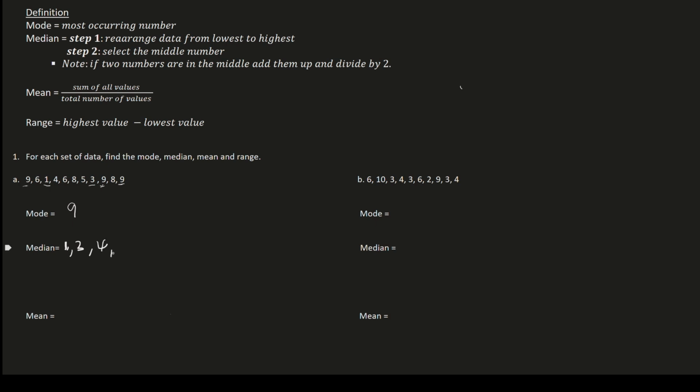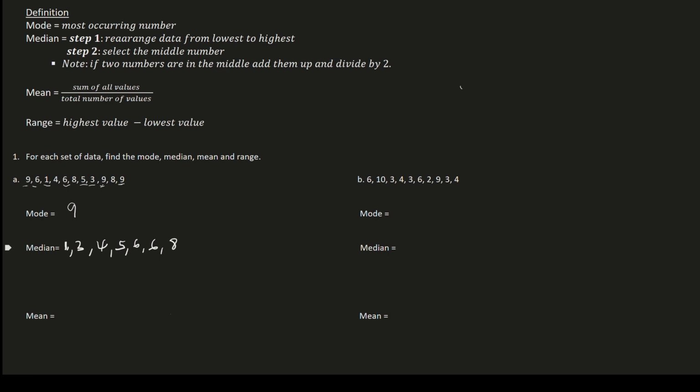Just 1. Do I have 5? Yes, I do have 5. And then what else do I have? So I have 5, I have 6. How many 6s do I have? 1, 2. So I have 2 of the 6s, and then do I have 7?